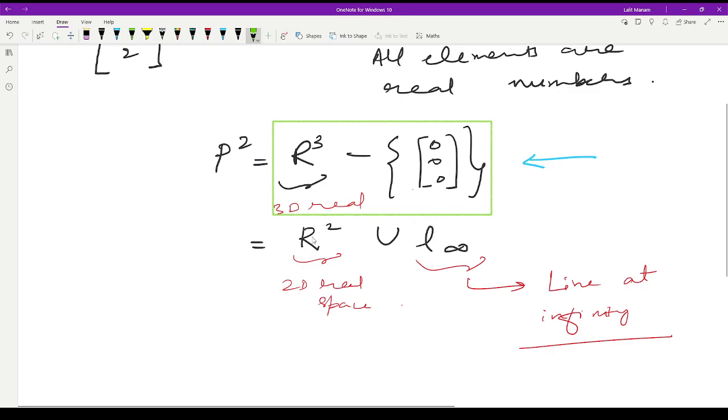Okay, then what does the below equation say? This one.